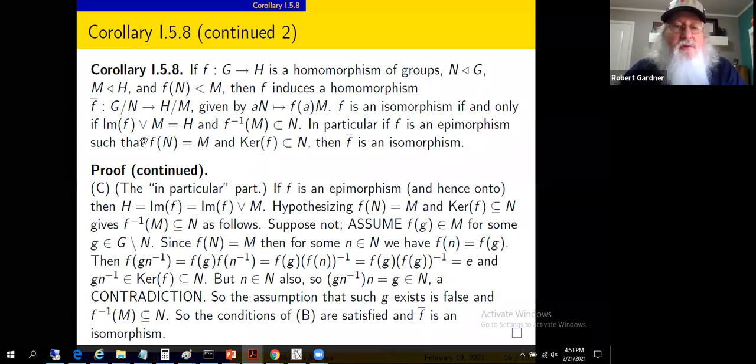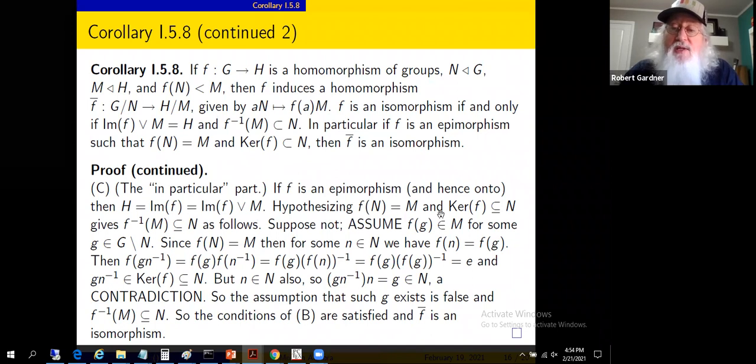We're trying to use this exercise that we had in the second part. We're hypothesizing F of N equals M, and the kernel of F is a subset of N. We claim this gives the inverse image of M as a subset of N. Suppose not.